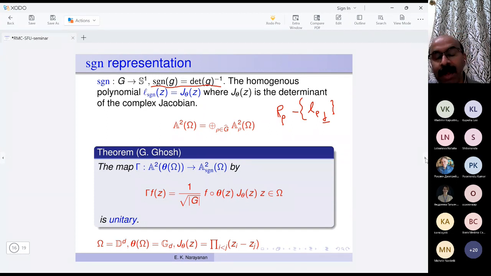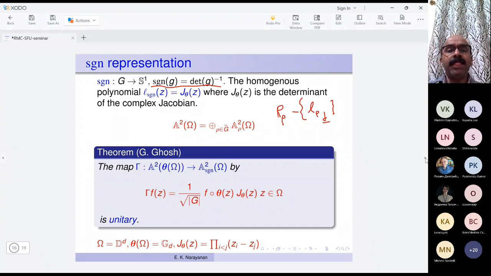So when the dimension is 1, there is only one generator. Remember the S2 case again. In the symmetric polynomial case, it was just the constant function 1. In the case of antisymmetric functions, it was Z1 minus Z2, right? So these are one-dimensional representations and you have one generator.